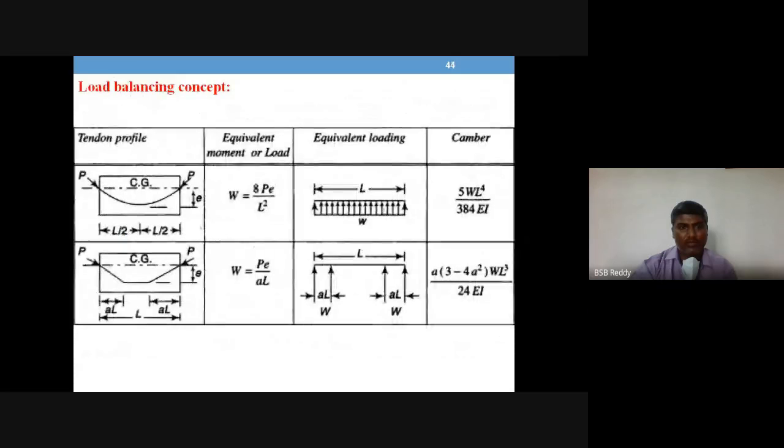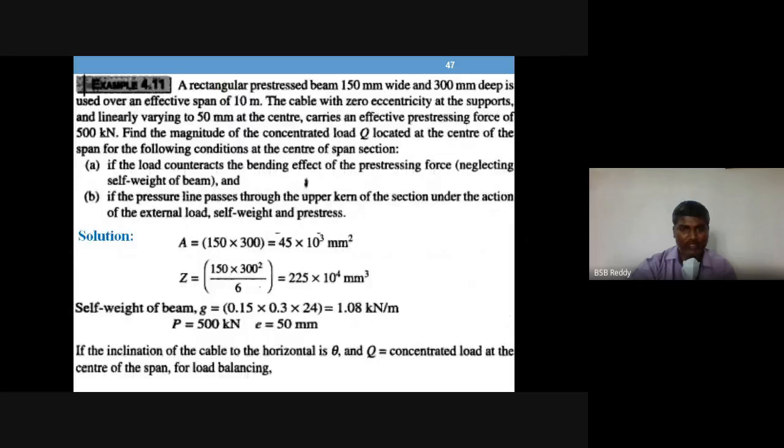This is how you can see it: P into e shall be equal to W into A into L. So this is the equivalent moment or load to balance the external loads, and this is the same thing you are using here.